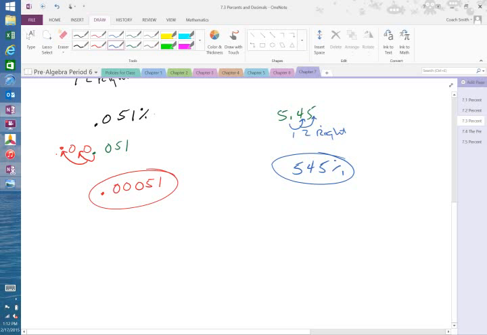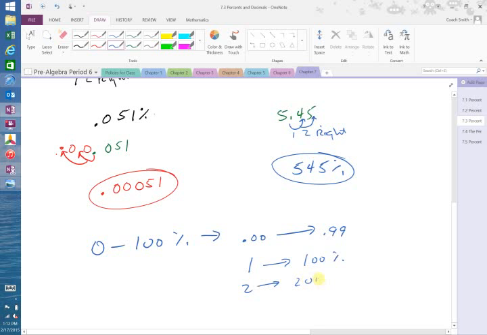Your 0 to 100% is equal to the numbers 0.00 up to 0.99. That's what you get when you're 0 to 100%. Once you get to 100%, the number 1 is 100%.